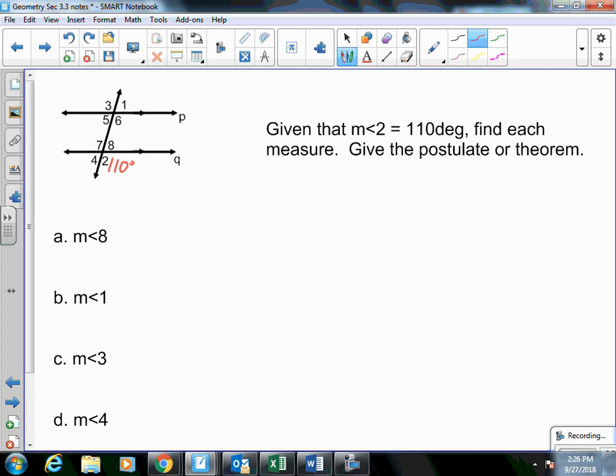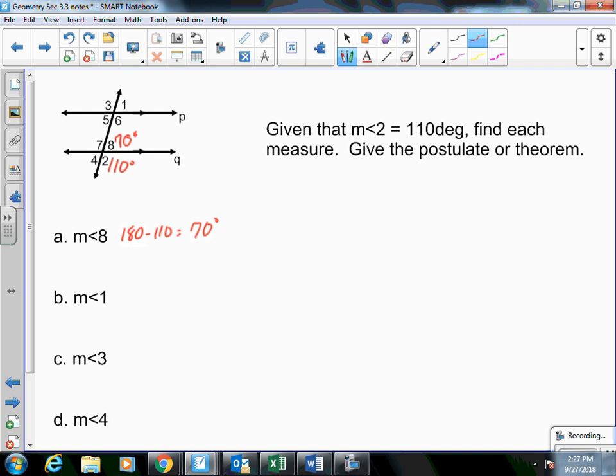We want to find the measure of angle 8. Anybody know how we can find the measure of angle 8? So 8 and 2 would be supplementary. So 180 minus 110 will give us 70 degrees for angle 8.